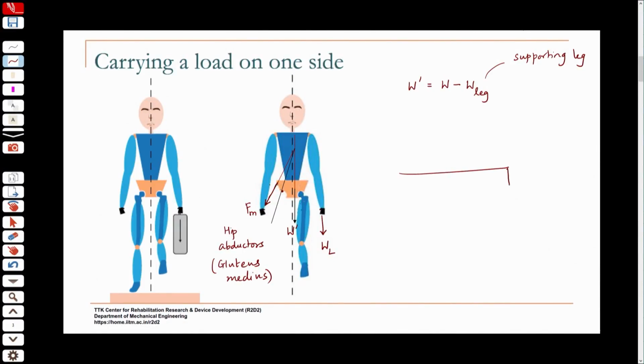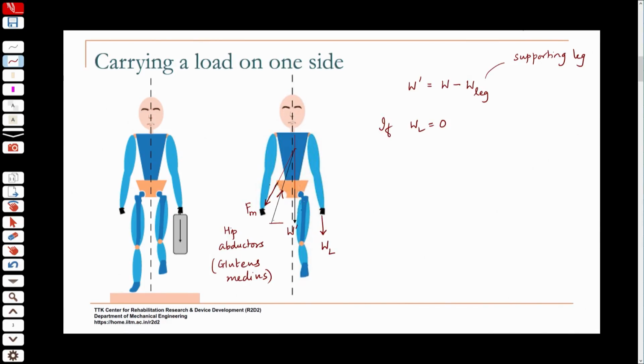I have WL and W dash together. Let us say WL is equal to 0, then this is a 3-force system, and essentially this joint force also has to pass through that point.